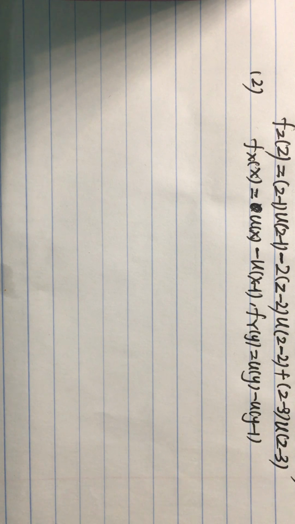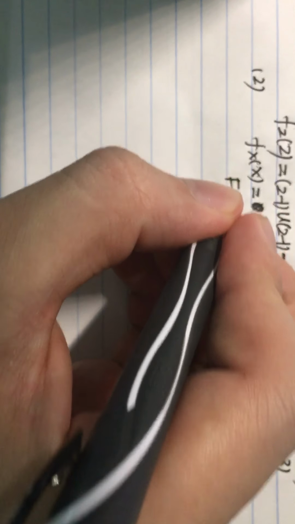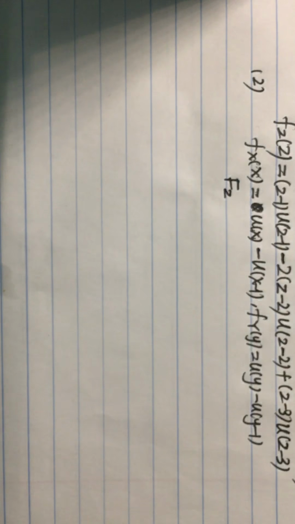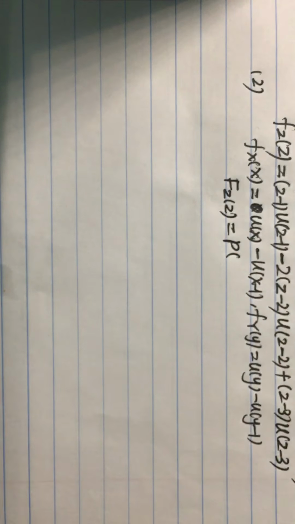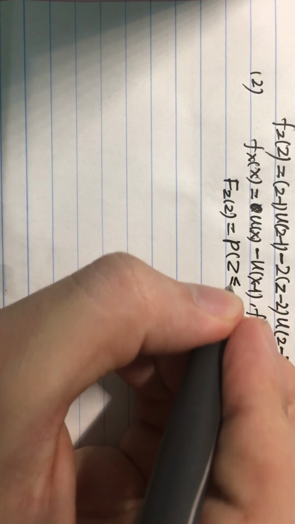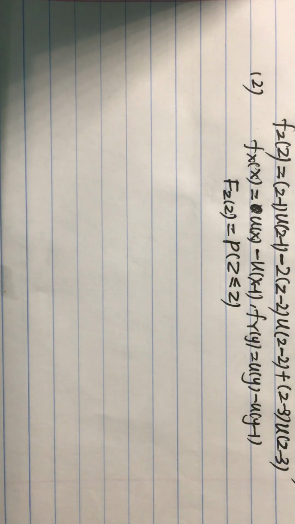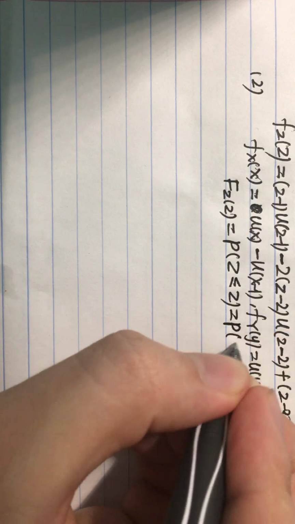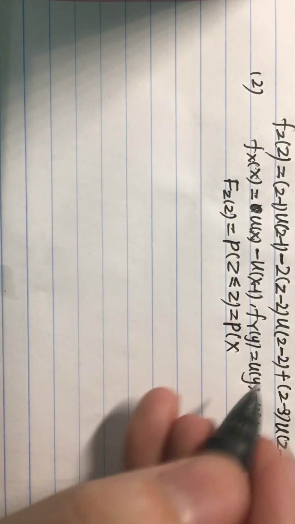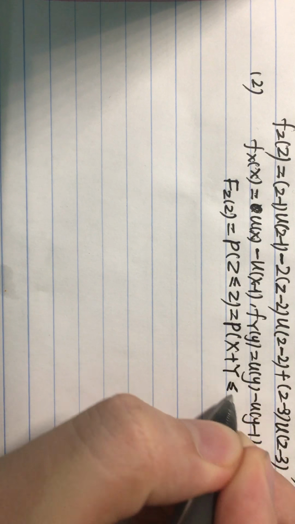So first let's see that the distribution function of z equals the probability that z is smaller than z. Since z equals x plus y, we have this.